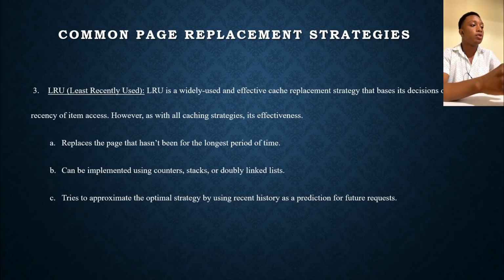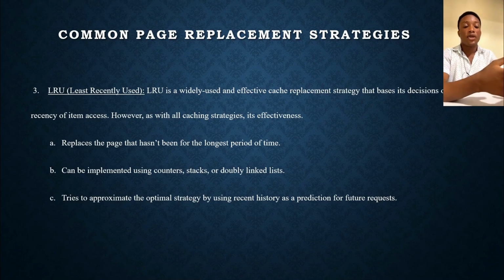As we move on, we go to the third one, LRU, least recently used. LRU is a widely used and effective cache replacement strategy that bases its decision on the recency of item access.